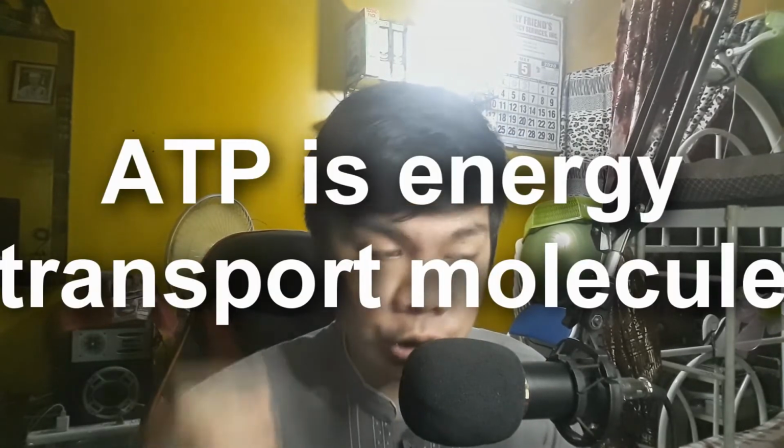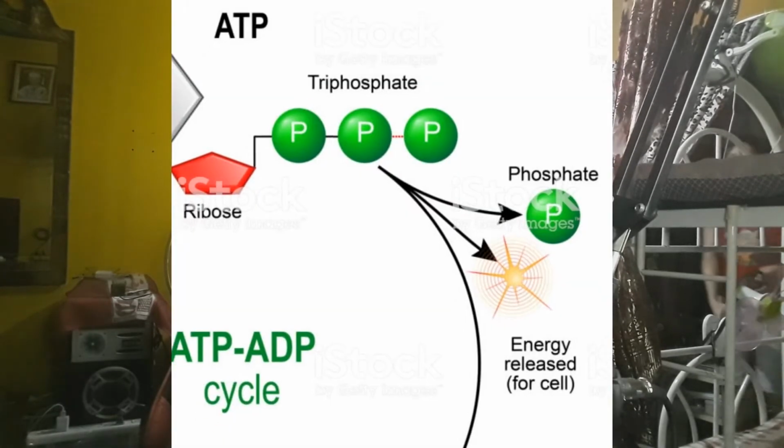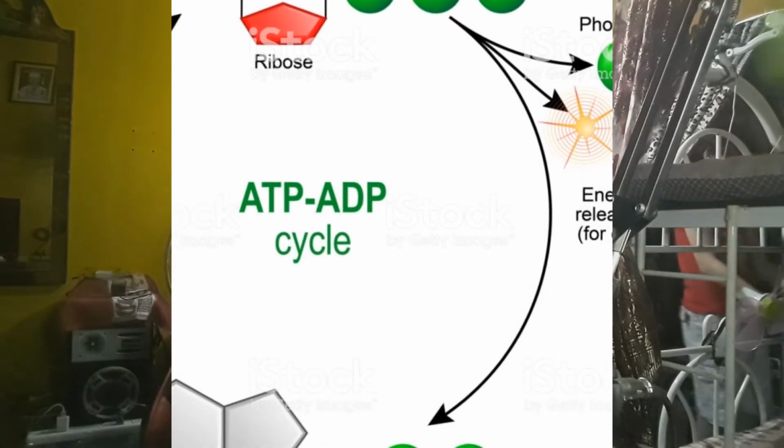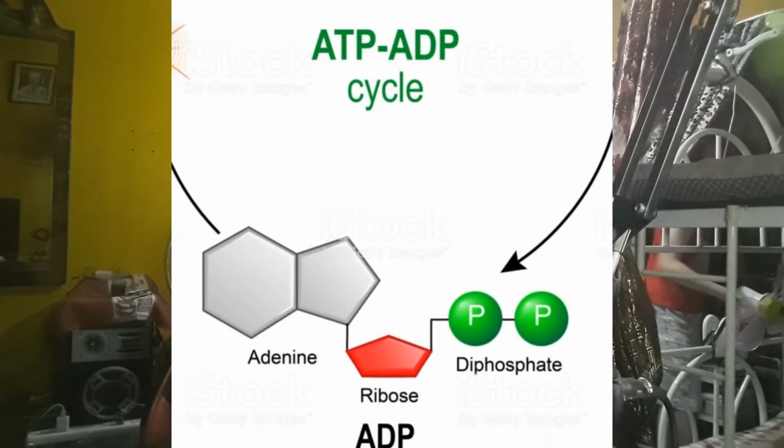ATP is one of the most important compounds inside the cell because it is the energy transport molecule. It is considered a transporter of energy because when one of the phosphate groups is broken off, it turns into another substance, adenosine diphosphate.